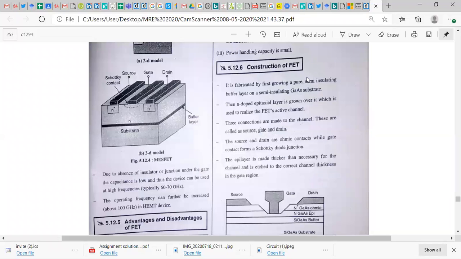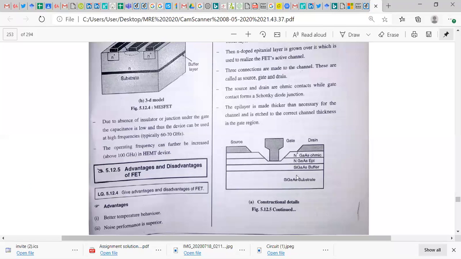Next is construction of FET. You've seen the construction. First, we use a GaAs, a semi-insulating gallium arsenide substrate material. This is called substrate material, over which we grow the layers, a buffer layer of SiGaAs. We use an oxidation process to grow this layer, over which an N type of layer is grown.